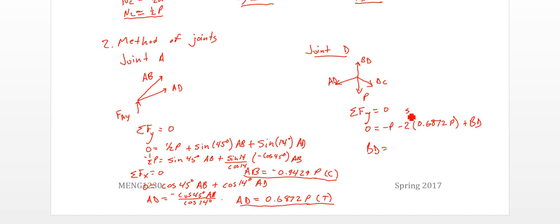That's what I was skipping. That's the small component there. So if I slide these over to the other side, I find BD is 1.333 P, and that's in tension, as we'd expect. So that's our three unique values.